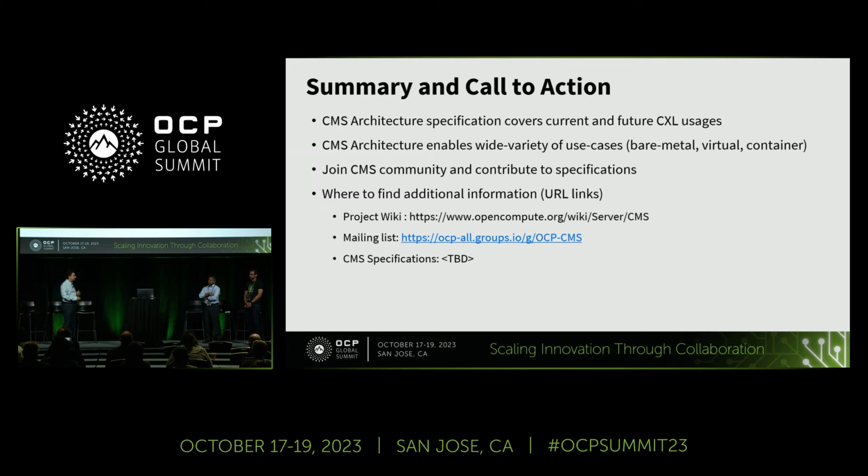So we all invite you to join us. Bring your challenges, bring your use cases, and within OCP we have a number of work groups and work streams that are attacking individual components of it.